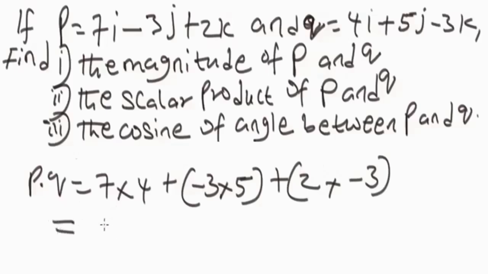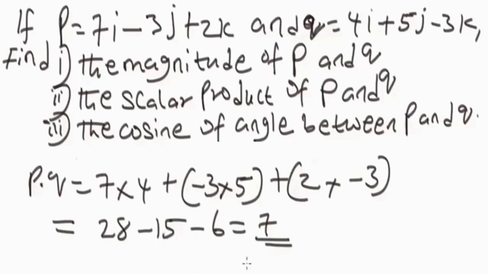When you simplify, 7 times 4 is 28, minus 3 times 5 gives us minus 15, and 2 times negative 3 gives us minus 6. So when you simplify further, we're going to get 7 as the answer. This will be the scalar product of these vectors P and Q.